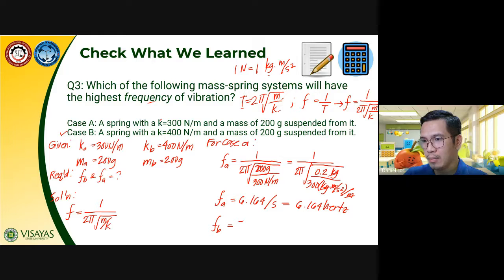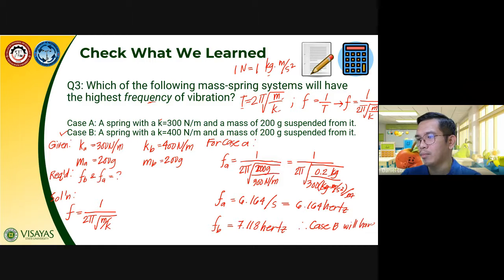This will become 7.118 hertz, following the same procedure that we did. And we compare which one of the two has the higher frequency. So that is case B. So therefore, case B will have the higher frequency.